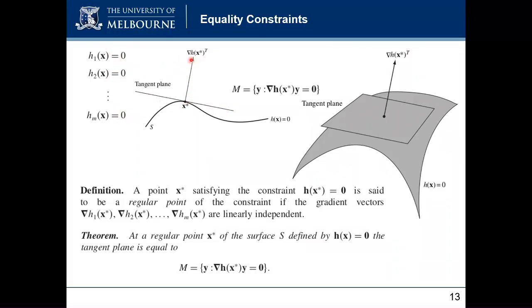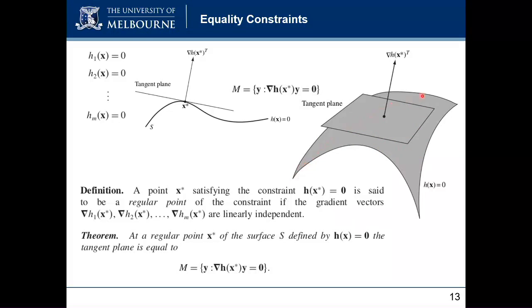The gradient of the constraints at x star will be a vector like this. If I use this vector as the normal vector of the tangent plane or tangent line, then that defines this tangent line or tangent plane here. You see here, this is the 2-dimensional representation, this is the 3-dimensional representation. And as human beings, we cannot do the 4-dimensional representation. It's beyond our capability.